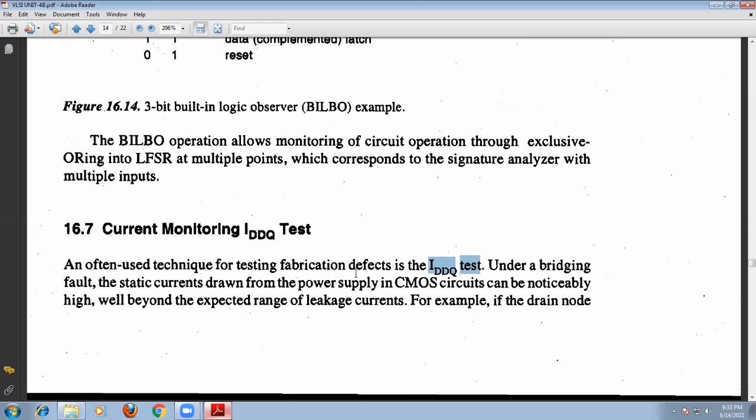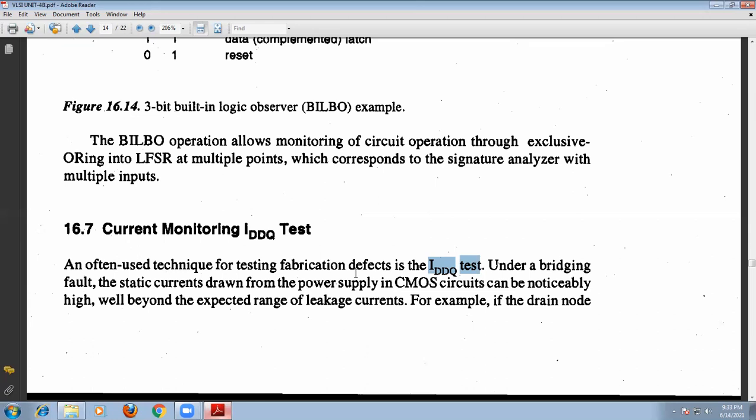Similarly, you can detect other fabrication defects which are not easily detected in other tests. For example, a gate oxide short cannot be identified elsewhere, but it can be analyzed in this test.